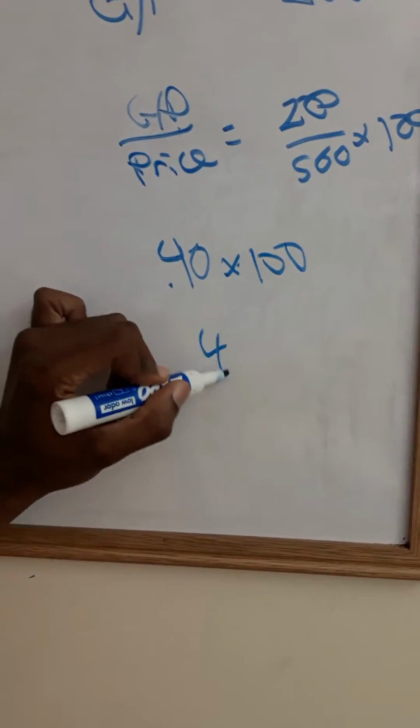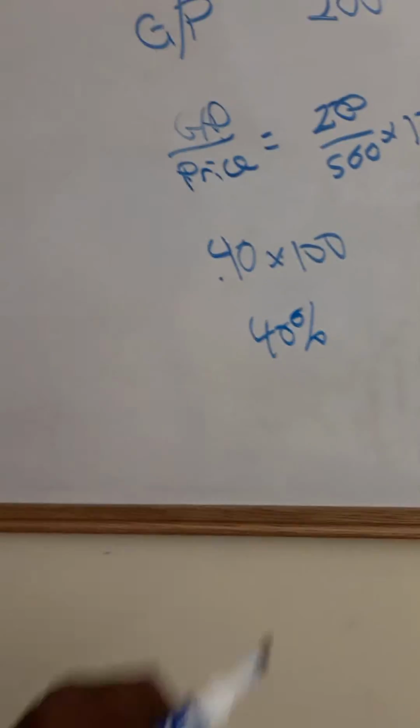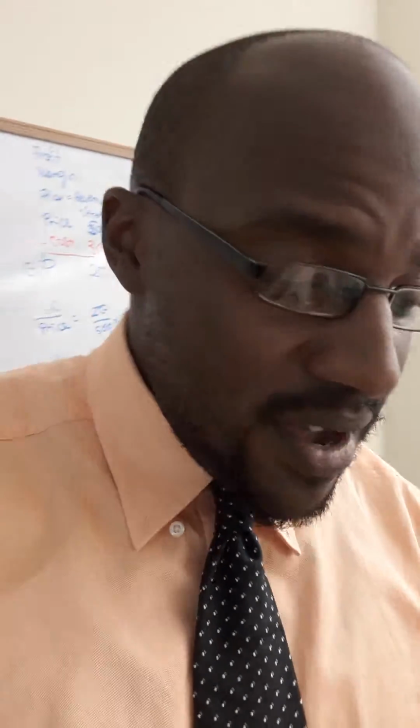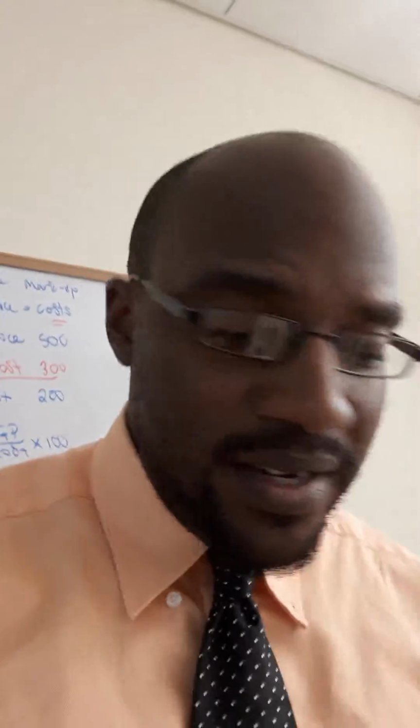That gives us 40%. That means we've kept 40% of what we've made. That means 60% of everything that we've done, 60% of our cost, for that one revenue, we only keep 40%.